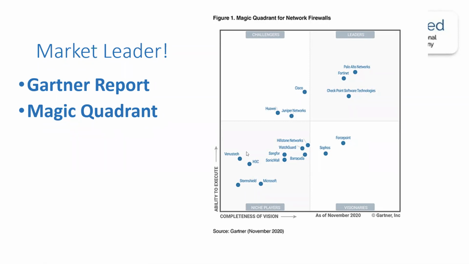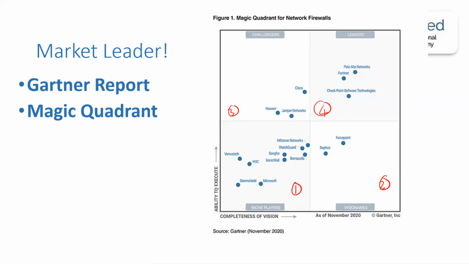What are these things? Whenever you're talking about a Magic Quadrant, quadrant basically means we can all understand this. This is a quadrant. Let me just number this up: first, second, third, and fourth.